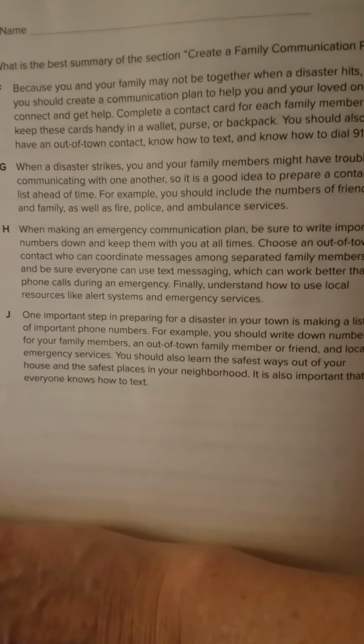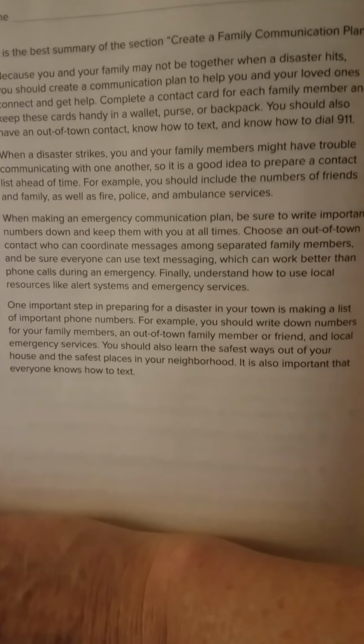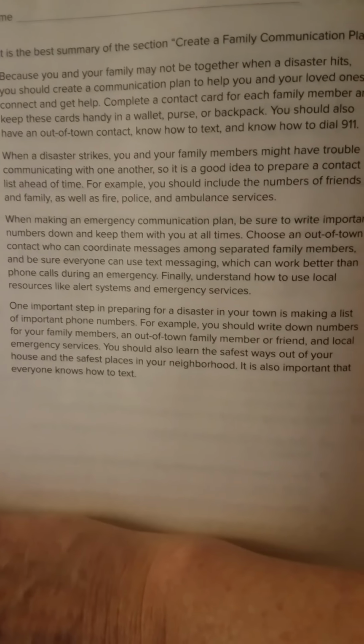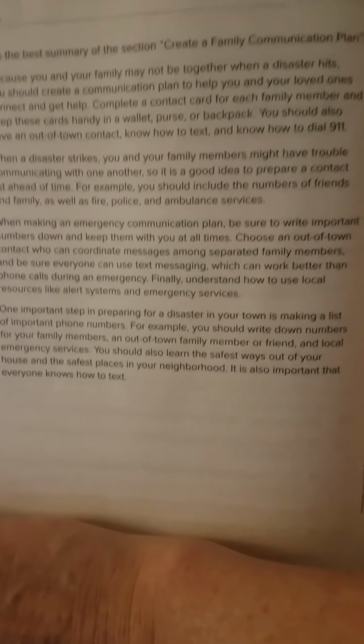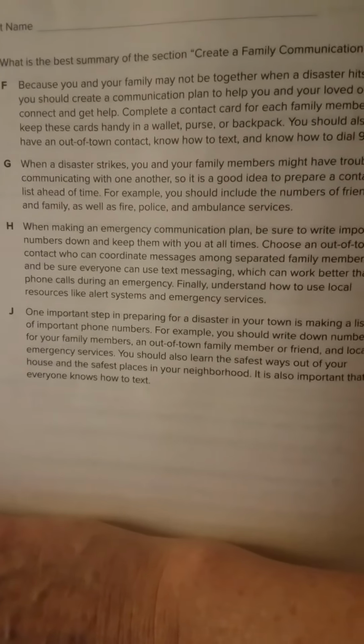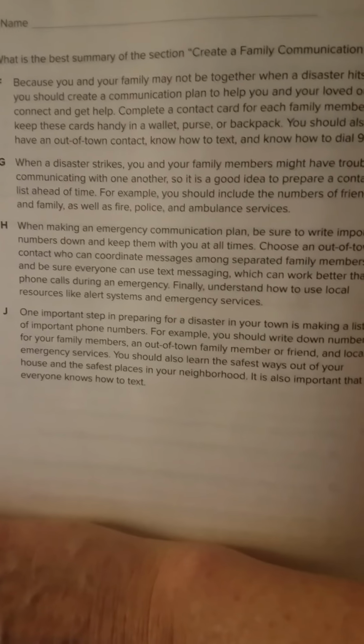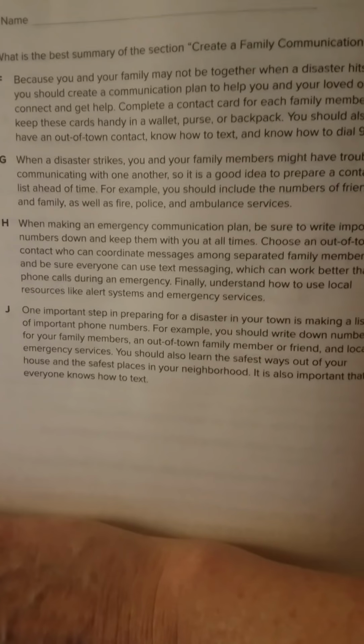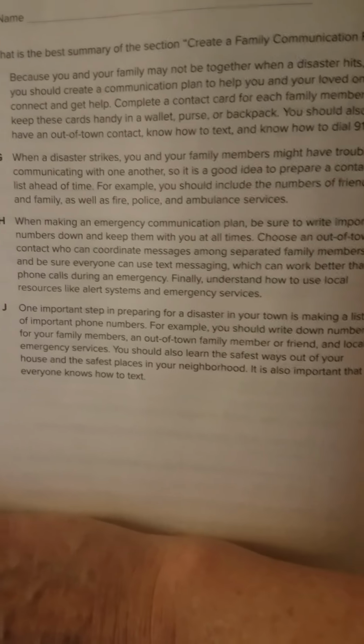Choose an out-of-town contact who can coordinate messages among separated family members. And be sure everyone can use text messaging, which can work better than phone calls during an emergency. Finally, understand how to use local resources like alert systems and emergency systems.